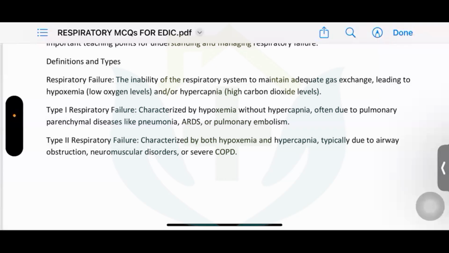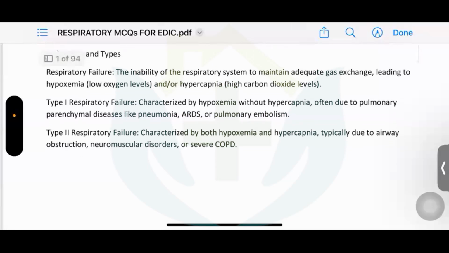There are the alveoli, and you are all postgraduate students appearing for an EDIC exam, so I will not go into the diagrammatical details. But you understand that the alveoli contain air, an admixture which has oxygen, nitrogen, carbon dioxide, water vapor and a small amount of other gases also.